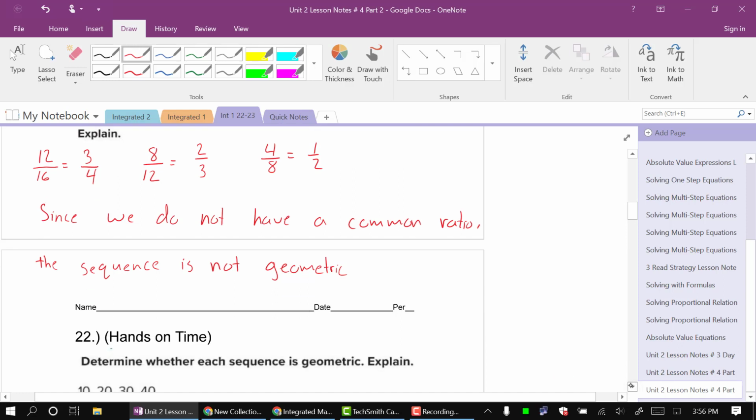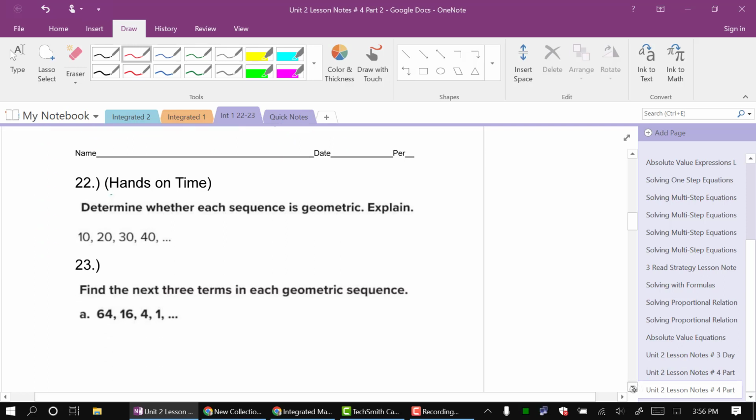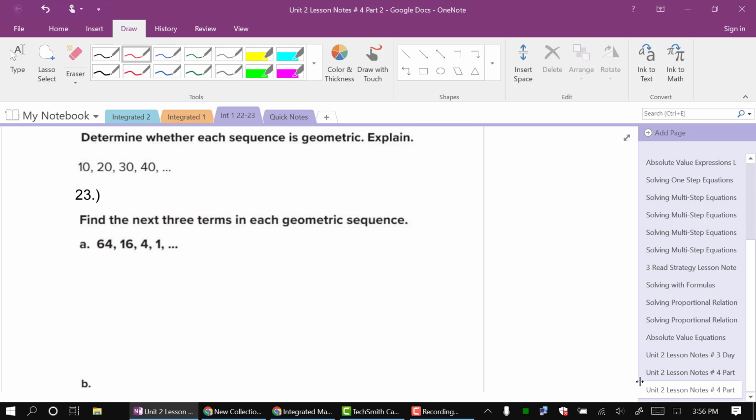Go ahead and pause the video and give number 22 a try. Hopefully you're able to determine what you got for number 22. Let's take a look at number 23.